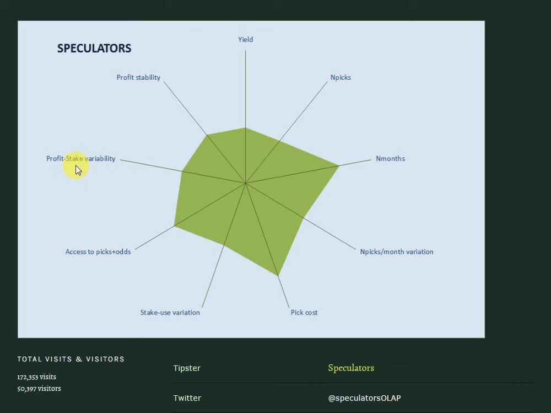Next parameter is the profit stake variability. So it's also really acceptable, and the stability in the profit curve is quite good as well. So yeah, it's an interesting tipster.